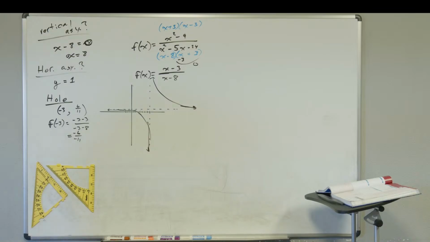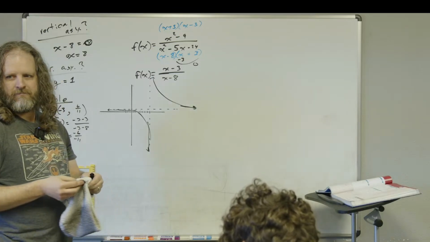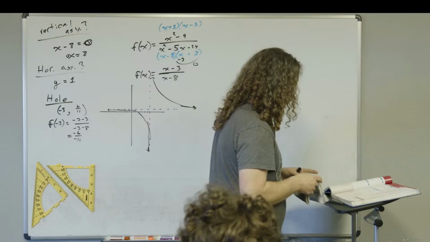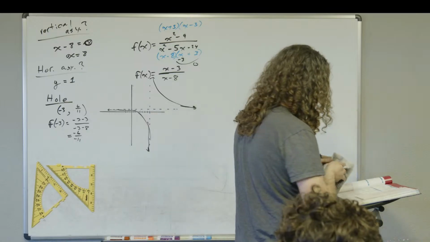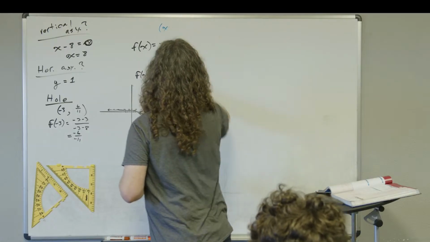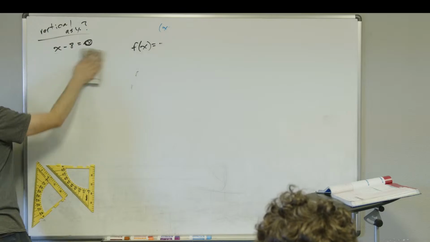Any other questions from the study guide? 37. Yeah. Sure, 37. Let's do it. Yeah, this is the one where we had to do the weird stuff. Nah, it's not that weird.